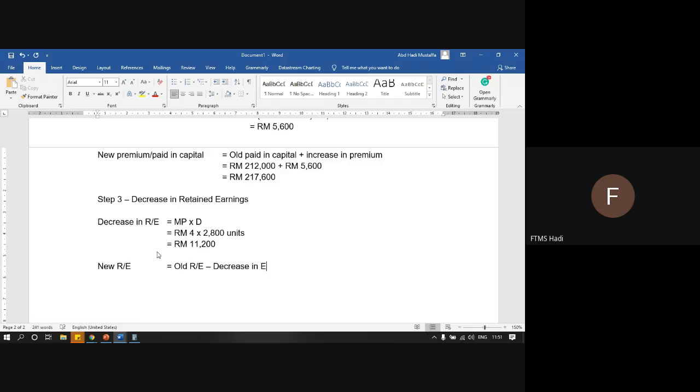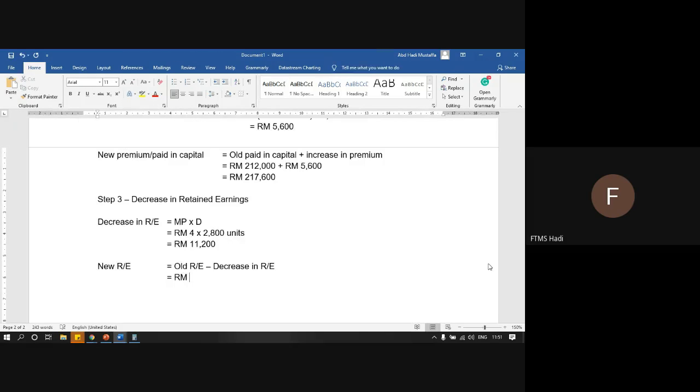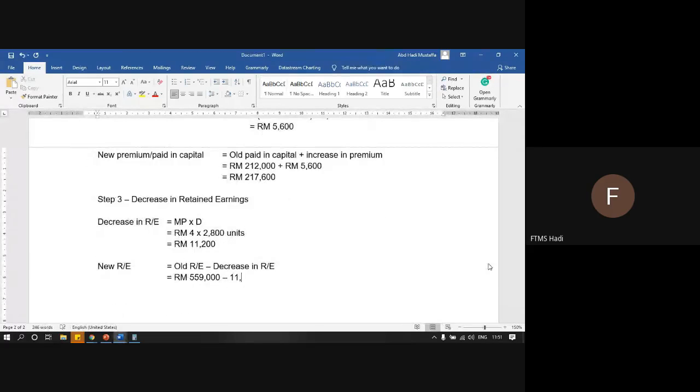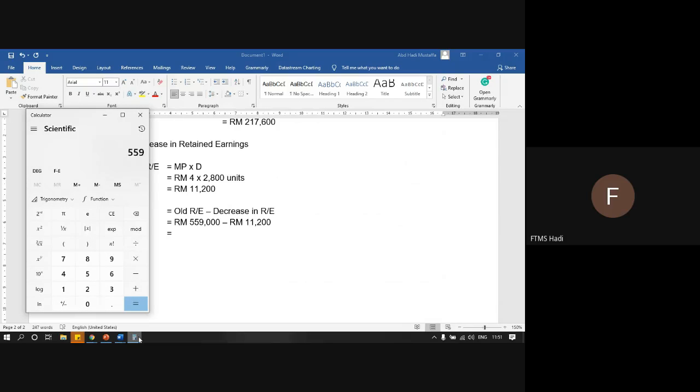The old retained earnings, which is in the question paper, says 555,900, minus 11,200.